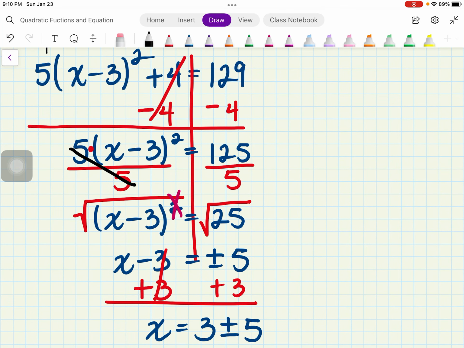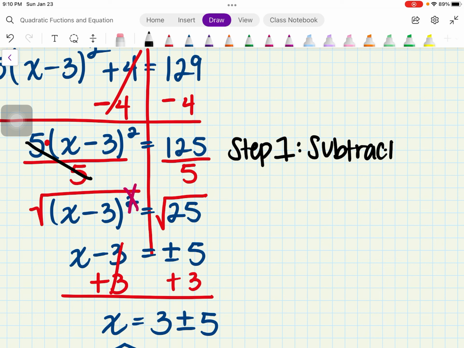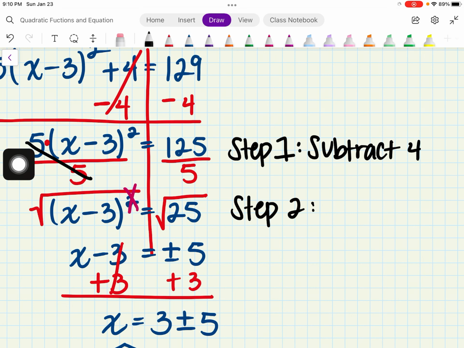So step 1 in this case, guys: we subtract 4. All right. Step 2, we're going to go ahead and divide both sides by 5. Divide by 5.